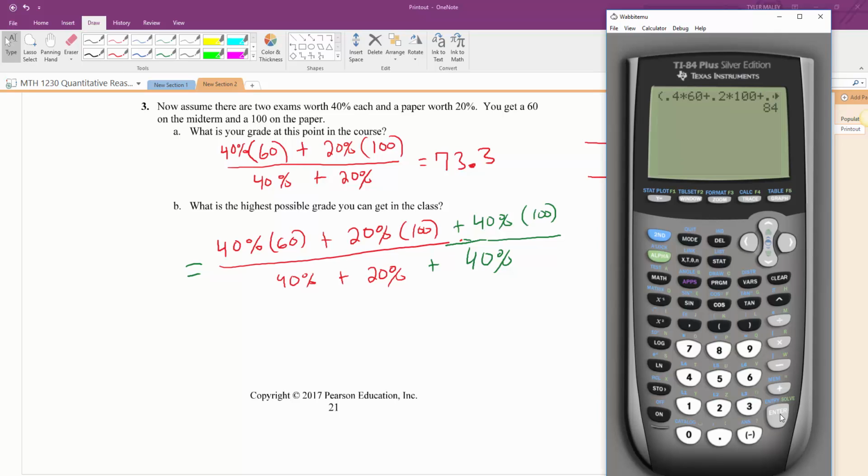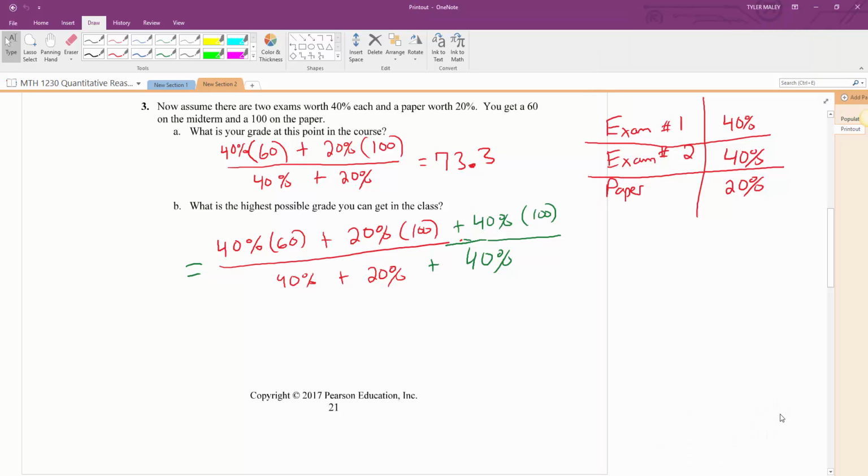There we go. That sounds much more reasonable. So we got an 84. 84 would be the highest possible grade we could get. So that might give us some motivation, like I can still get a B in this class.